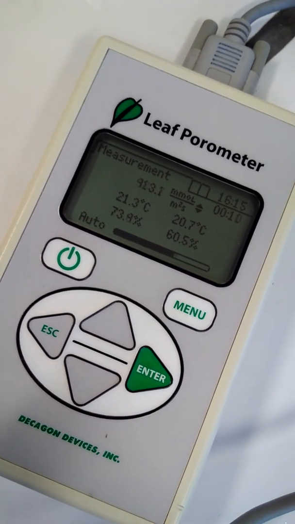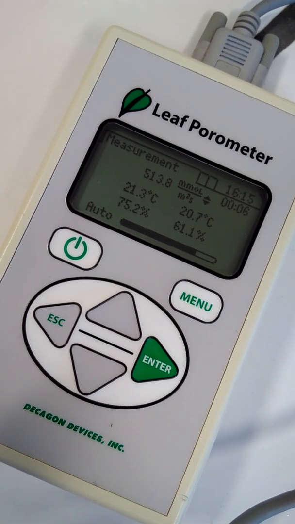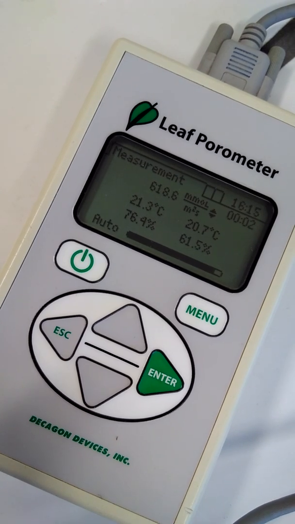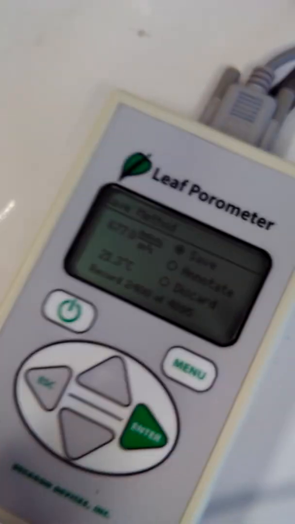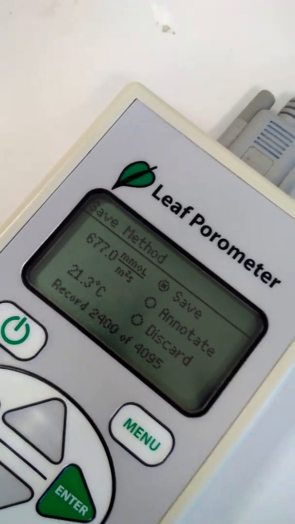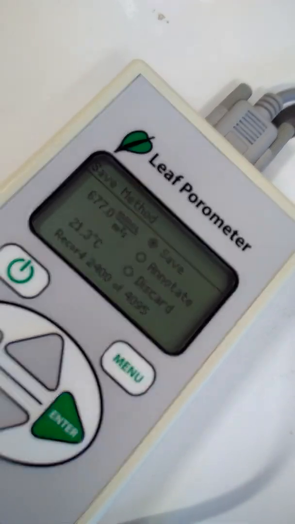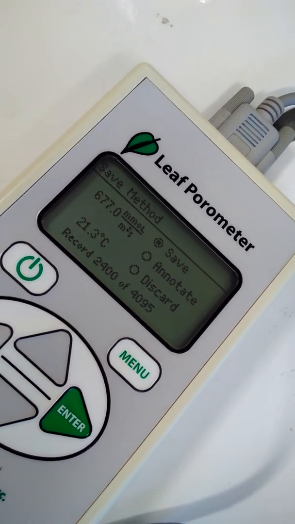Well, that's the measure of the stomatal conductance. Yeah, exactly. So if this were a leaf, its stomatal conductance would be 777 millimoles per square meter per second.